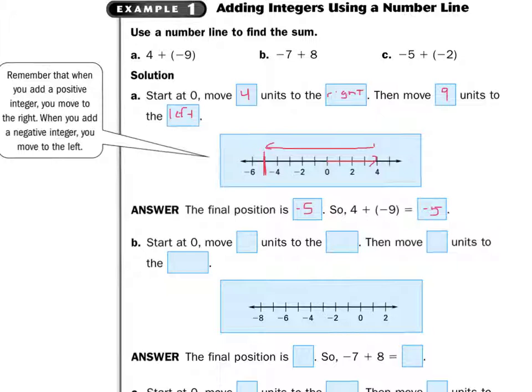This time our first number is negative, so we're going to move 7 units to the left. And then, since we add a positive 8, we will move 8 units to the right. Which will end us right here, which is a positive 1.